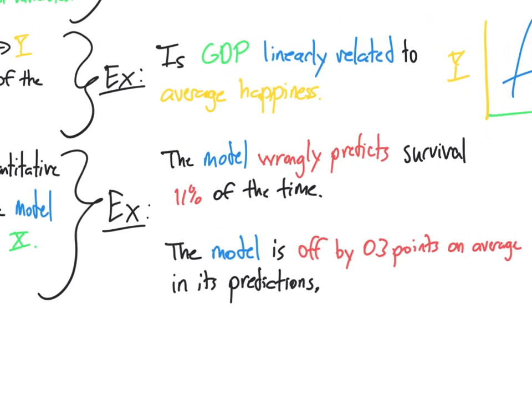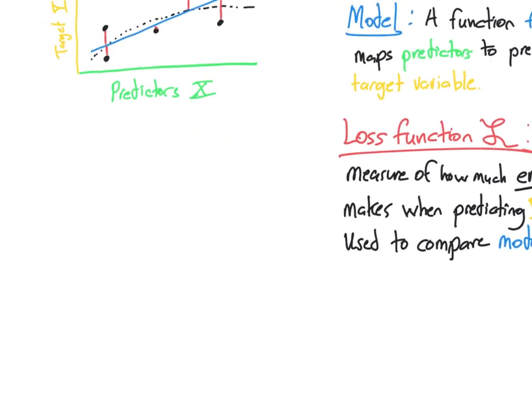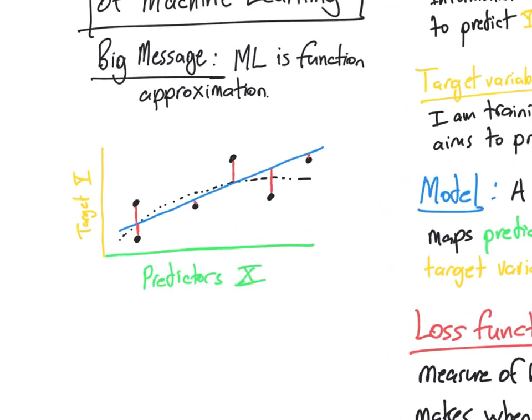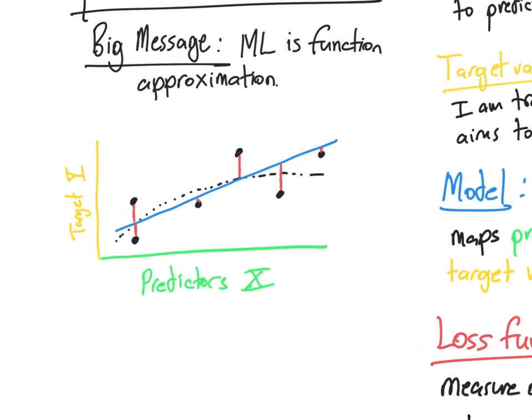So what we want to do when we do machine learning, and I'm going back to this fundamental diagram here, is find ourselves a good blue line, a good model that minimizes the loss function, that makes few errors, or a small error on average, when it predicts the target variable.